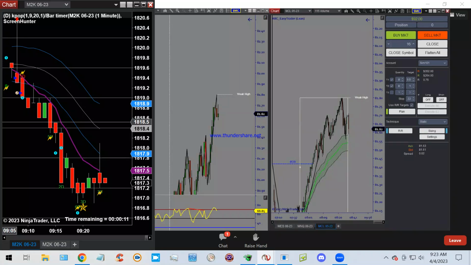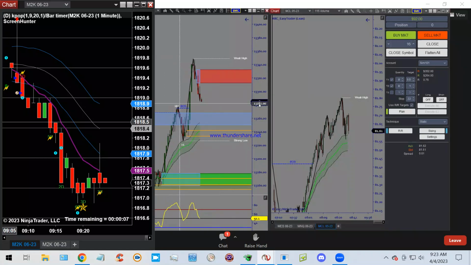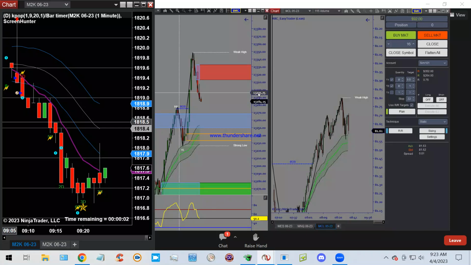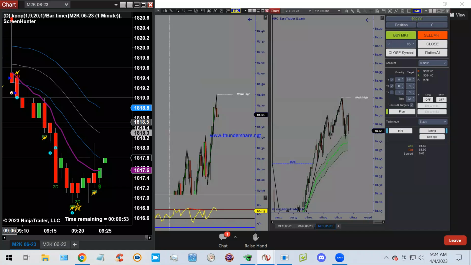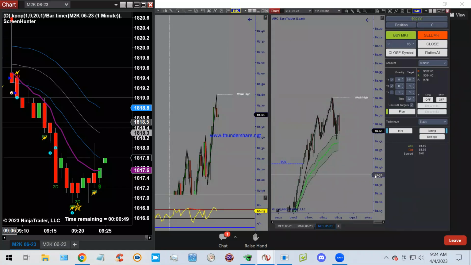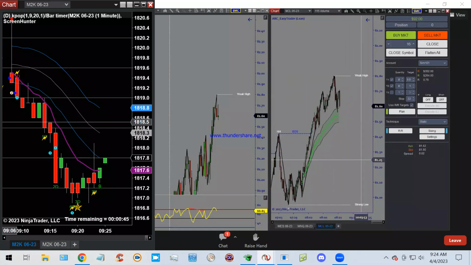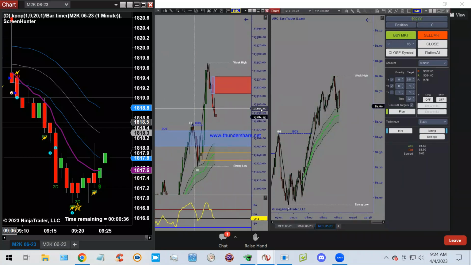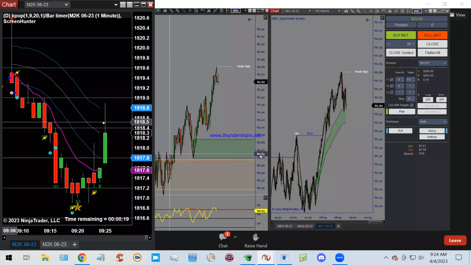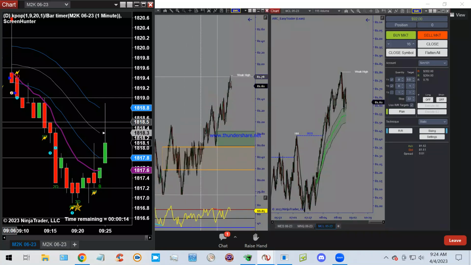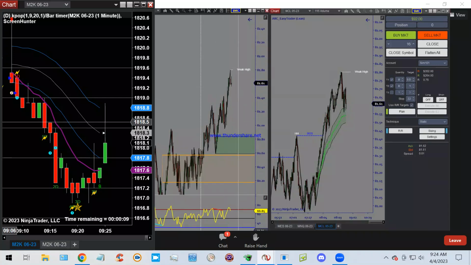Got T1 on that though. Good trade. Right at those highs.